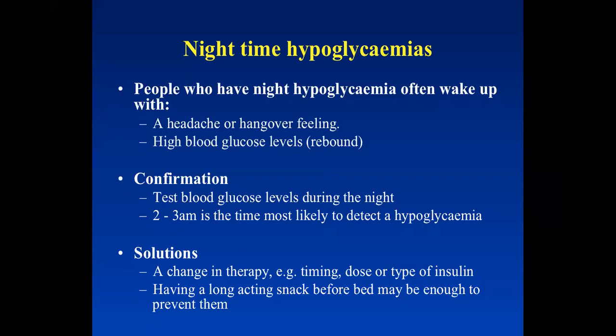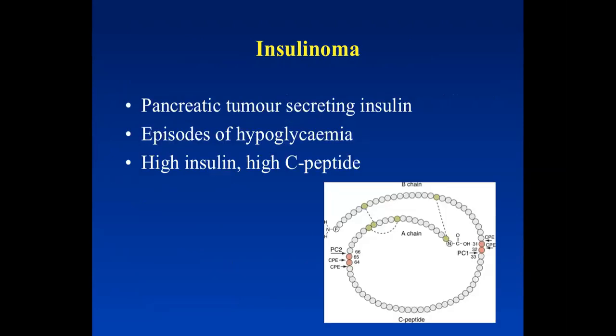Okay, the type of insulin, maybe the long-acting insulins, or long-acting drugs. You usually have to adjust your treatment regime in these patients to prevent these attacks. Okay, and having a long-acting snack also can help in these patients.